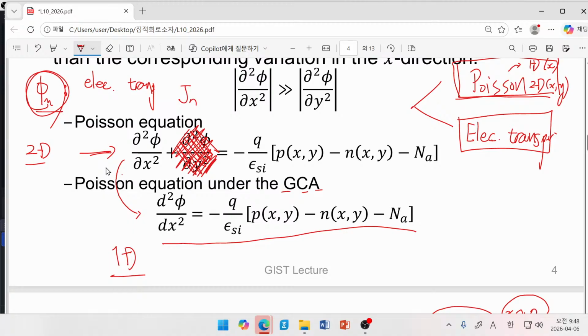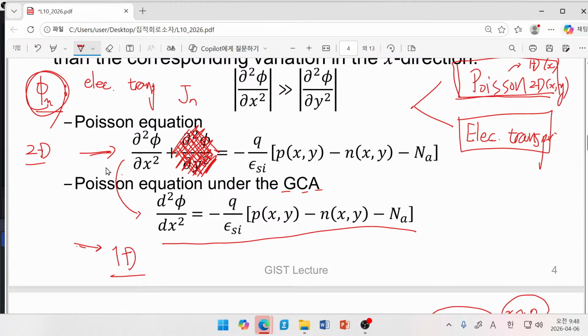That is the key assumption, or key approximation, we are now introducing to this calculation. Actually, solving this partial differential equation with two independent variables is much more difficult than a 1D problem. So that makes a greater simplification for our model development.